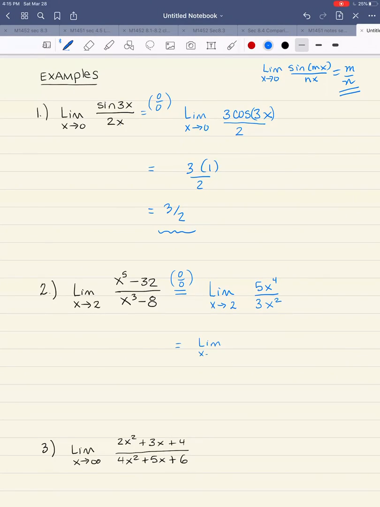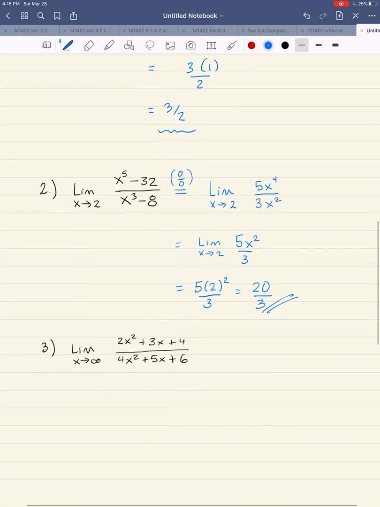Now let's simplify. I can cancel an x squared from the numerator and the denominator, and that leaves me 5x squared over 3. Now when I take the limit by putting 2 in for x, we get 4 times 5 is 20 over 3 is our limit.